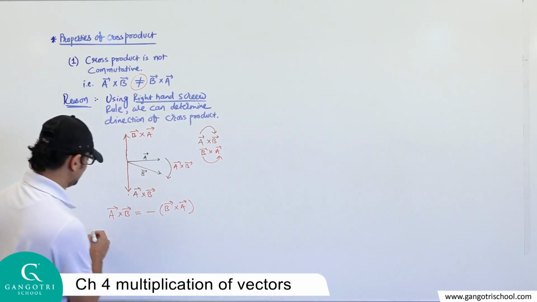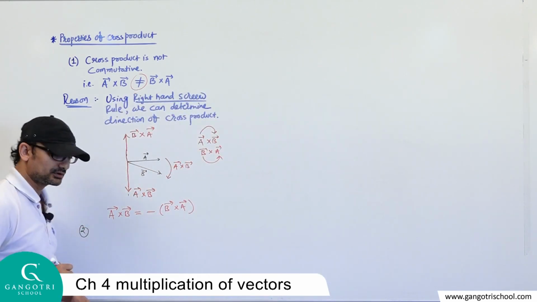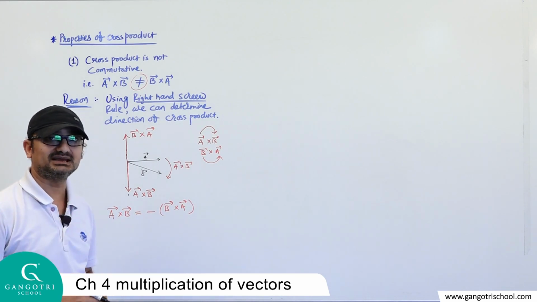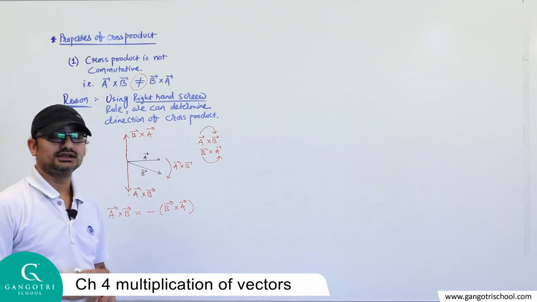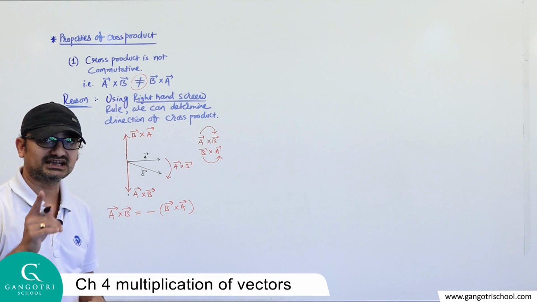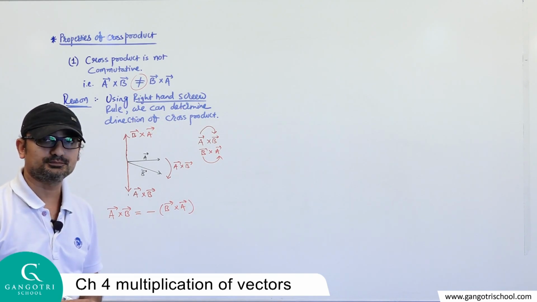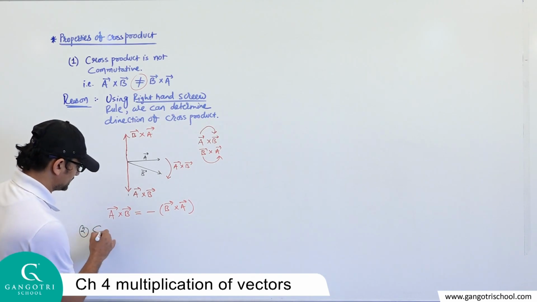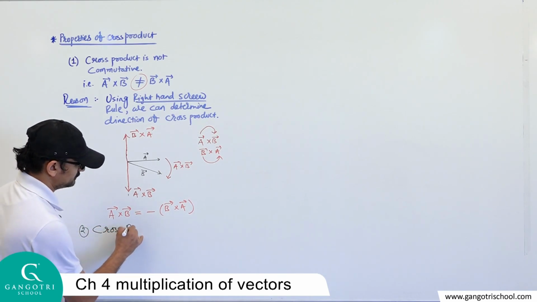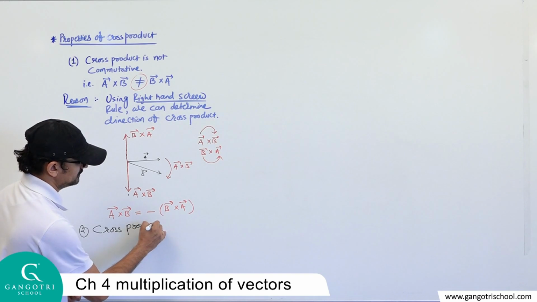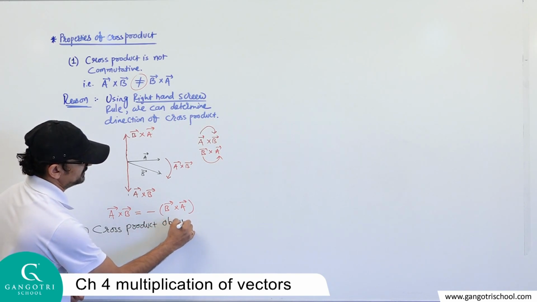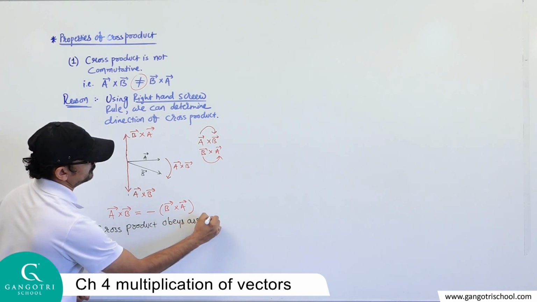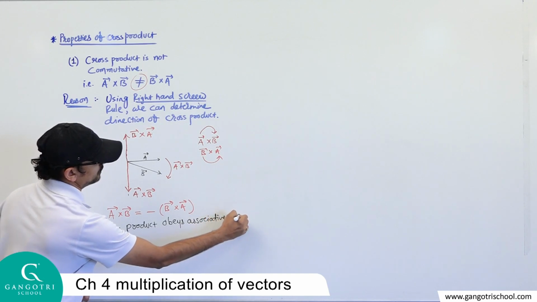Now property number two is the same as that of dot product. In the case of dot product, the second property was that dot product obeys the distributive law. In the same way, cross product also obeys the distributive law.